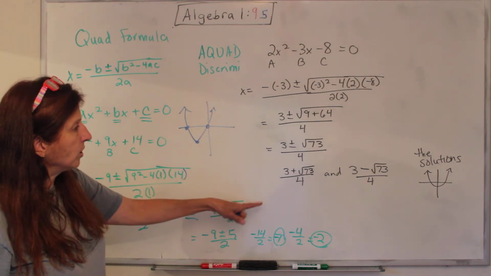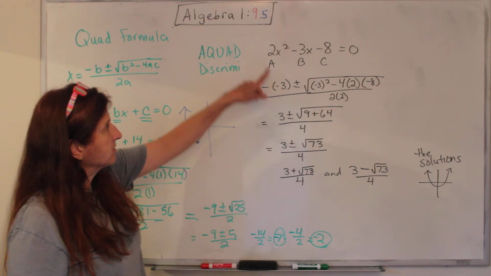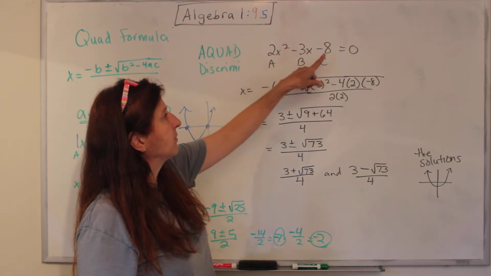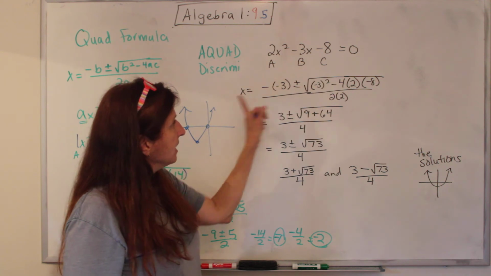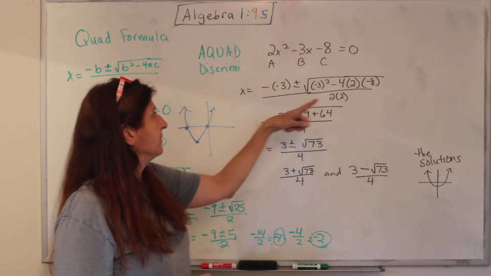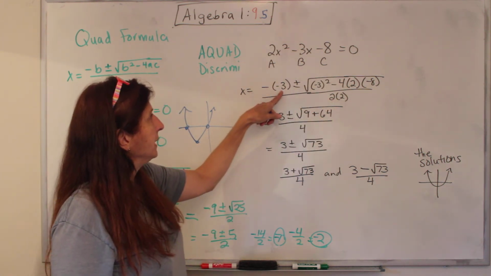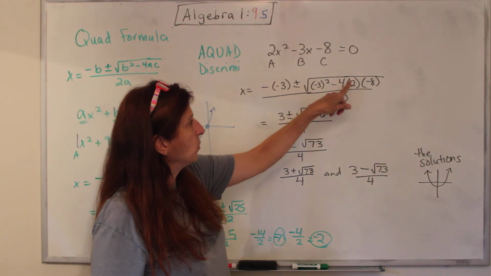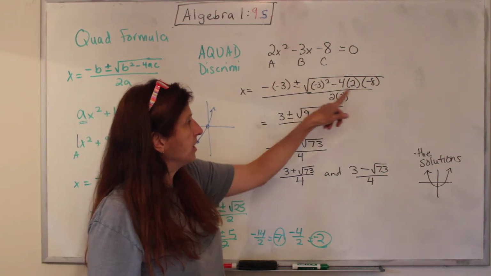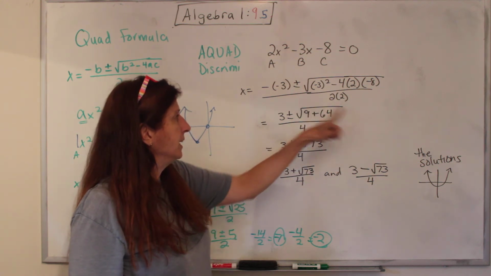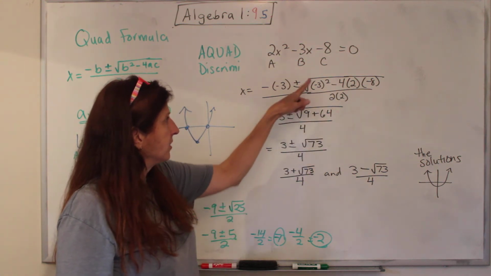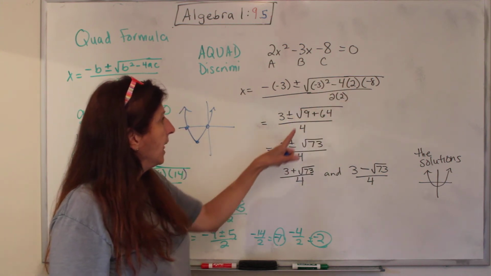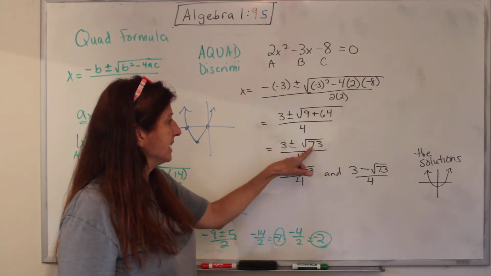Discremi is more useful when it's something like this. Here's another one. The A term is 2, B is -3, the C term is 8. So doing it 1987 style, negative B plus or minus the square root of B squared minus 4AC over 2 times A. You put it in, and -3 squared is 9, and the rest is 64. 9 plus 64 is 73.